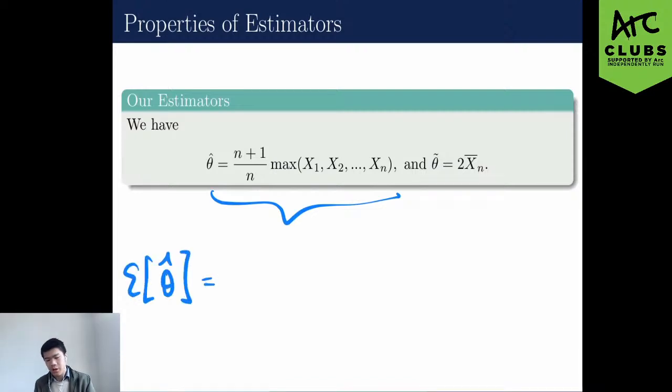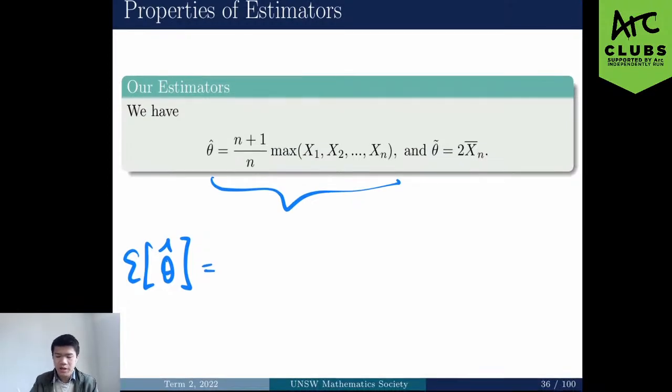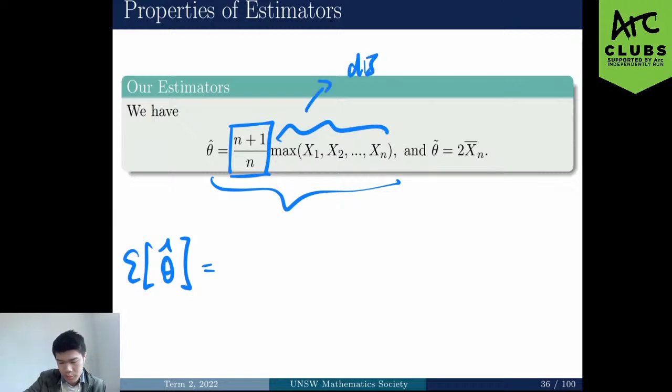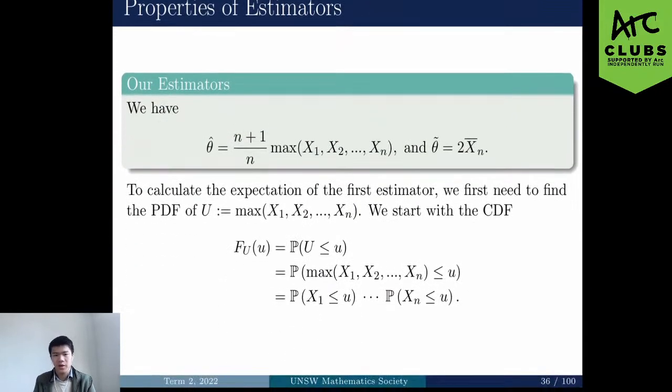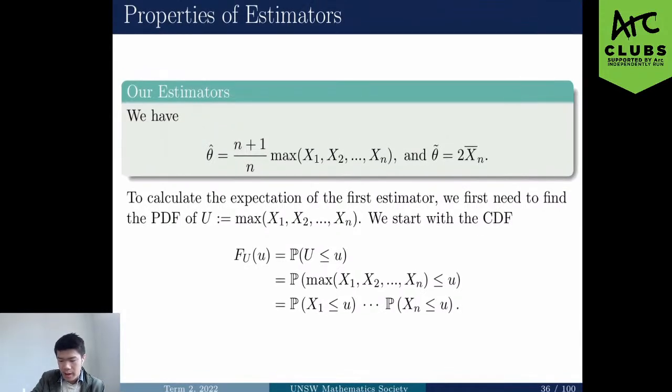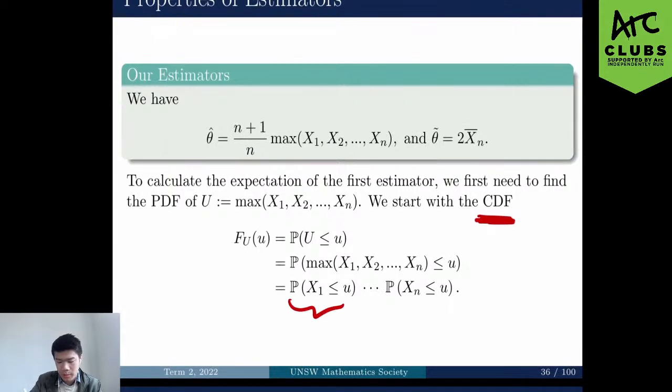So the expectation of this thing, well, we actually need to start from looking at the distribution of this thing. Well, this is just a constant, but what about this? We can start by calculating the distribution of the maximum. And Jerry actually walked us through how to do that, so I'll just show you very quickly. Basically, we need to find the PDF of the maximum, and we always start with the CDF. And we start with the CDF because then we can actually break it down into probabilities, right?